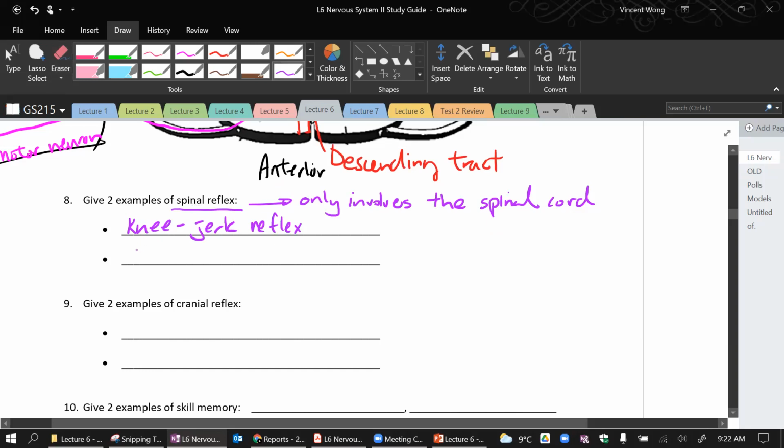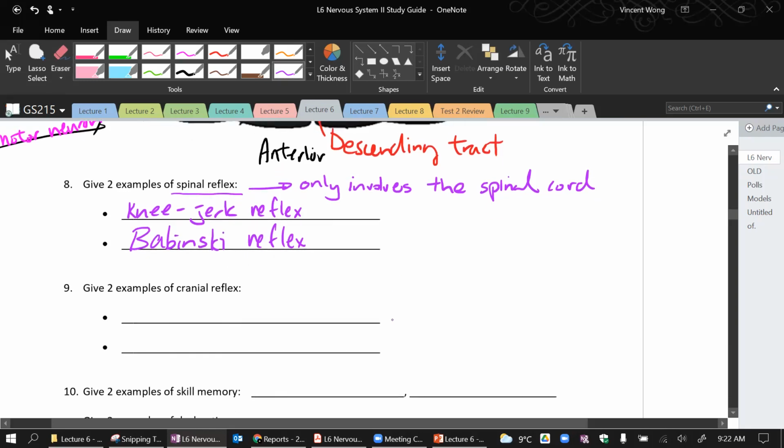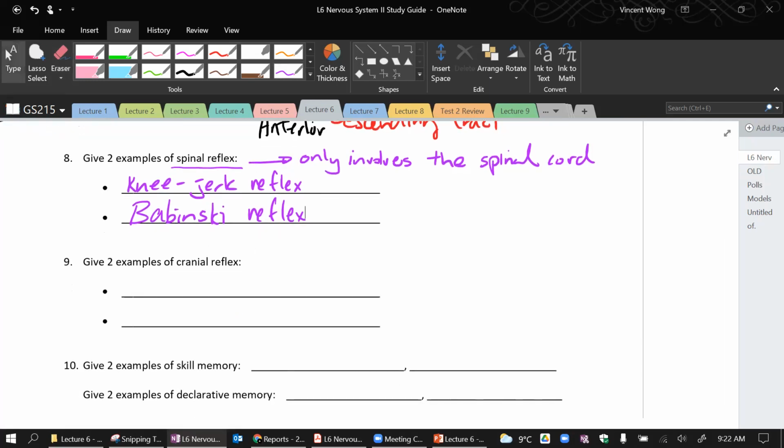And then the other one that we talked about in the lecture is the Babinski reflex, where if you stroke the bottom of the feet of a baby, then their toes are going to fan out in a particular pattern. These are spinal reflexes. They only involve the spinal cord.